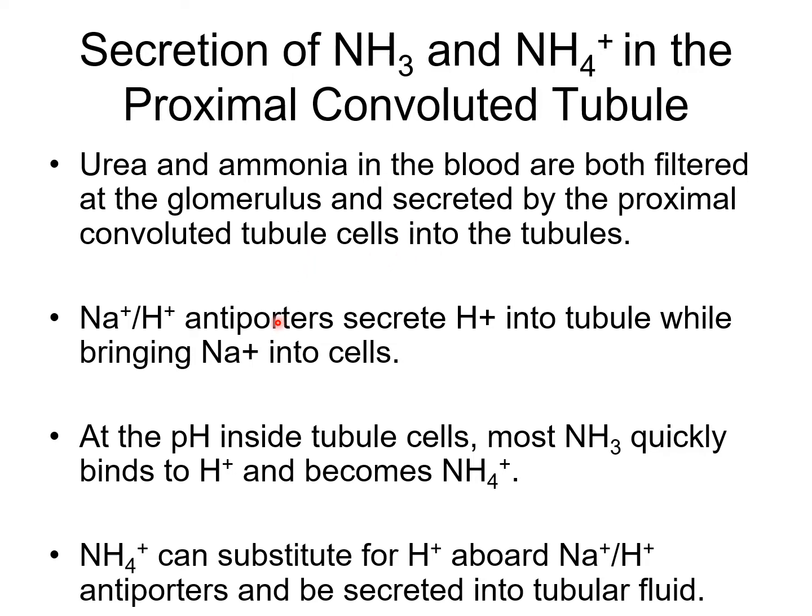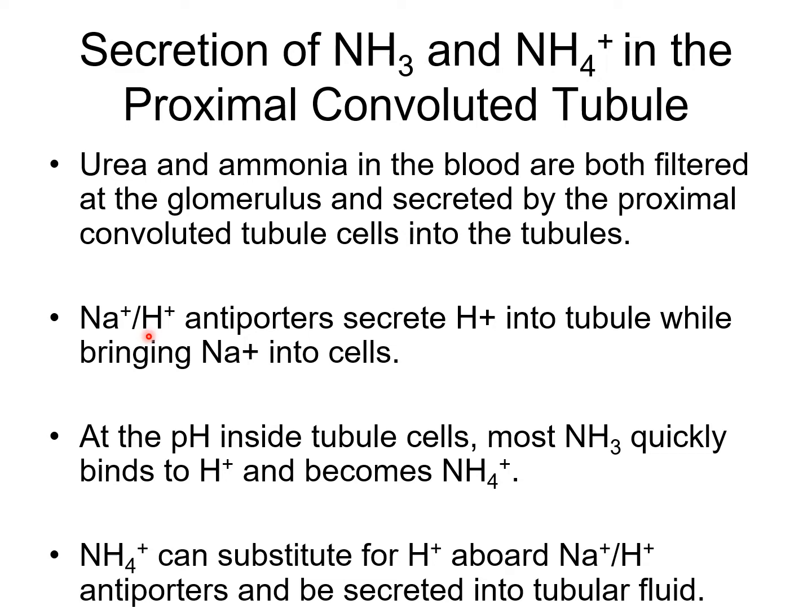In addition to reabsorption, there is an opposite movement from the cells into the filtrate. We have antiporters, where sodium is moving into the proximal convoluted cell. Antiporters can grab onto a hydrogen ion and dump it into the filtrate.